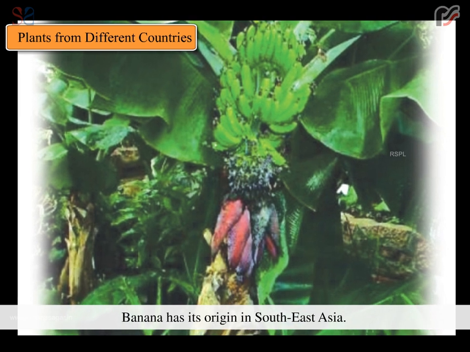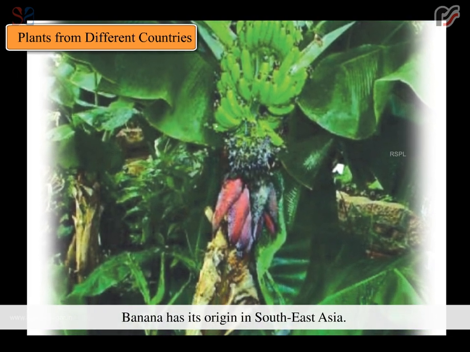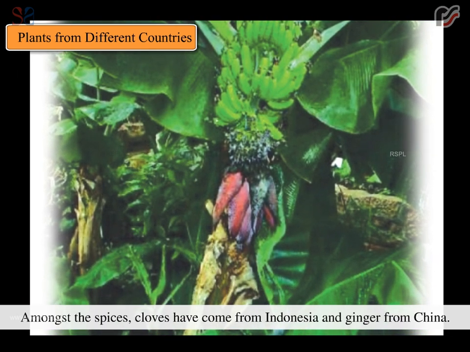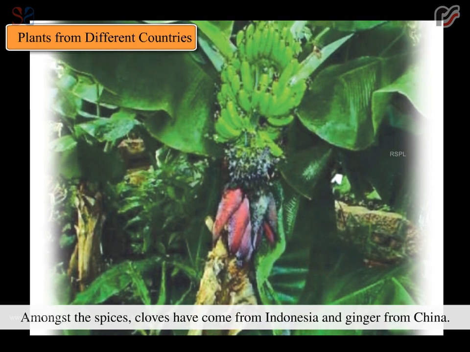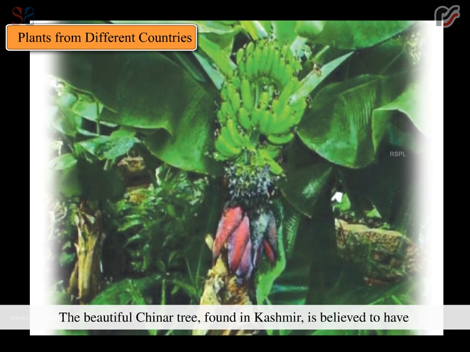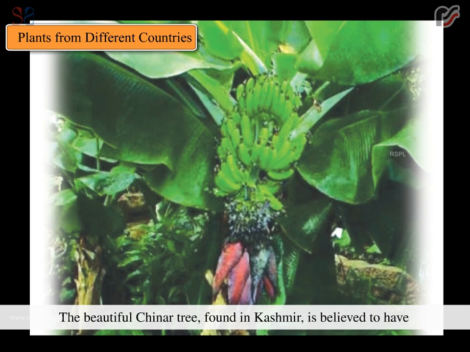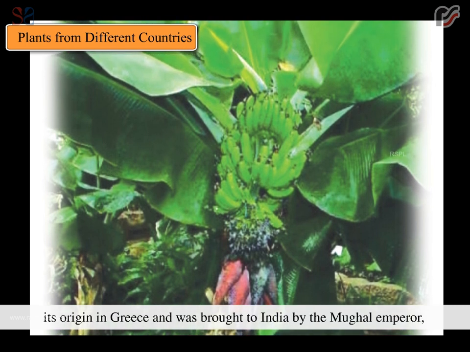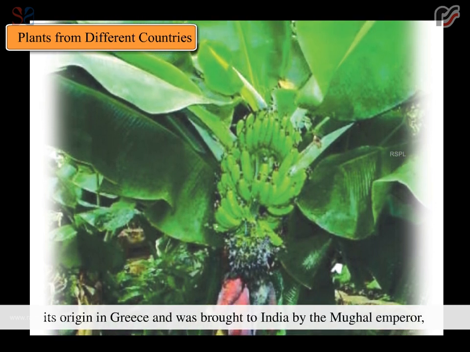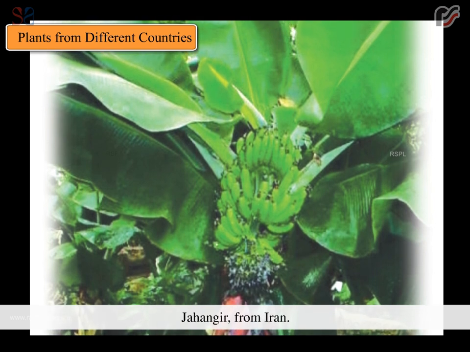Banana has its origin in Southeast Asia. Amongst the spices, cloves have come from Indonesia and ginger from China. The beautiful chinar tree found in Kashmir is believed to have its origin in Greece and was brought to India by the Mughal Emperor Jahangir from Iran.